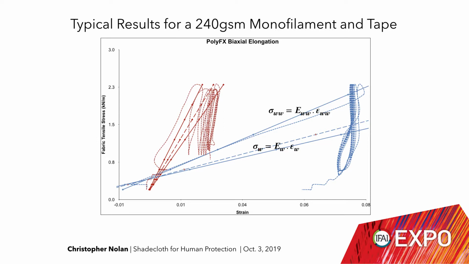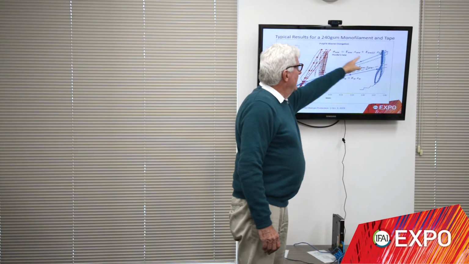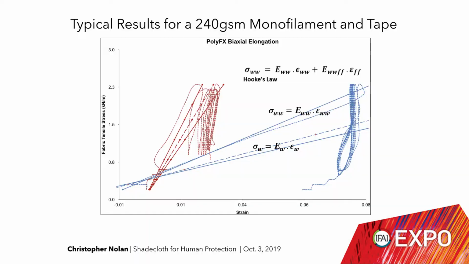And if we look at the final situation for Hooke's law, which relates the strain in both directions, that is in the weft and in the warp, that value of the hindered elastic modulus times the strain in the warp direction, and this third modulus, which is the stiffness matrix between the two directions, times the strain in the weft direction.